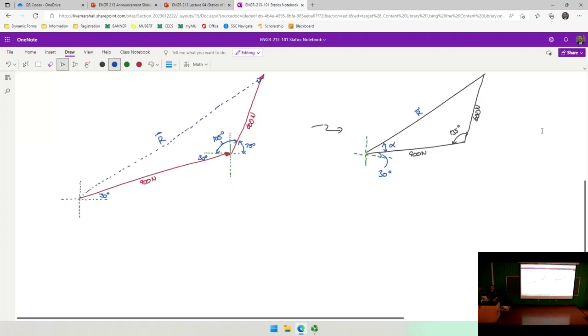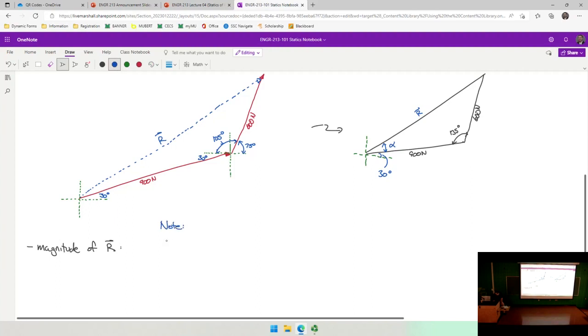Okay. Now let's deal with the magnitude of R. So remember, this is a vector. All right. So vectors are defined by two quantities, a magnitude and a direction. So let's start off with solving for the magnitude of R. Let's put that down here. Okay, and a little note here on some notation.